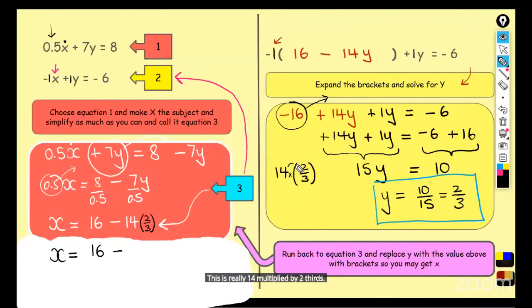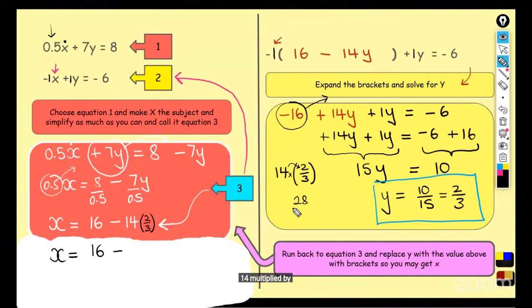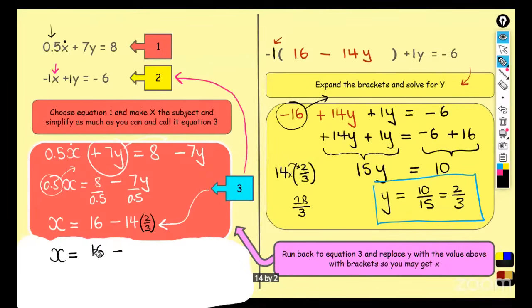What you do is take the 14 and multiply by the top number, the numerator only. 14 multiplied by 2 is 28 over 3. So it's 16 minus 28 over 3.